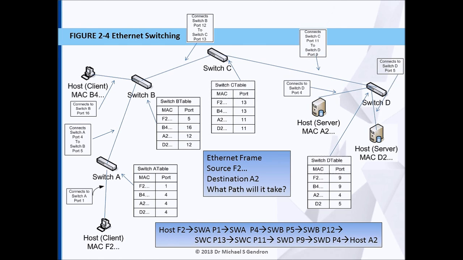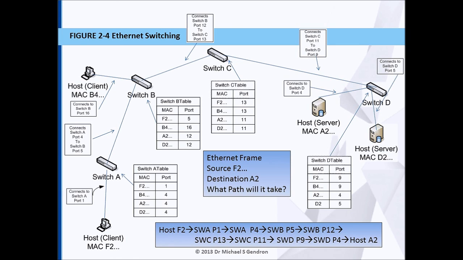The switch must then make a decision, and it will examine its switch A table, and it will send a destination of A2 out port 4. Port 4 connects to switch B port 5. Switch B will take the frame in, examine it, and determine that destination address A2 connects somewhere out port 12, so it will propagate that frame out port 12.